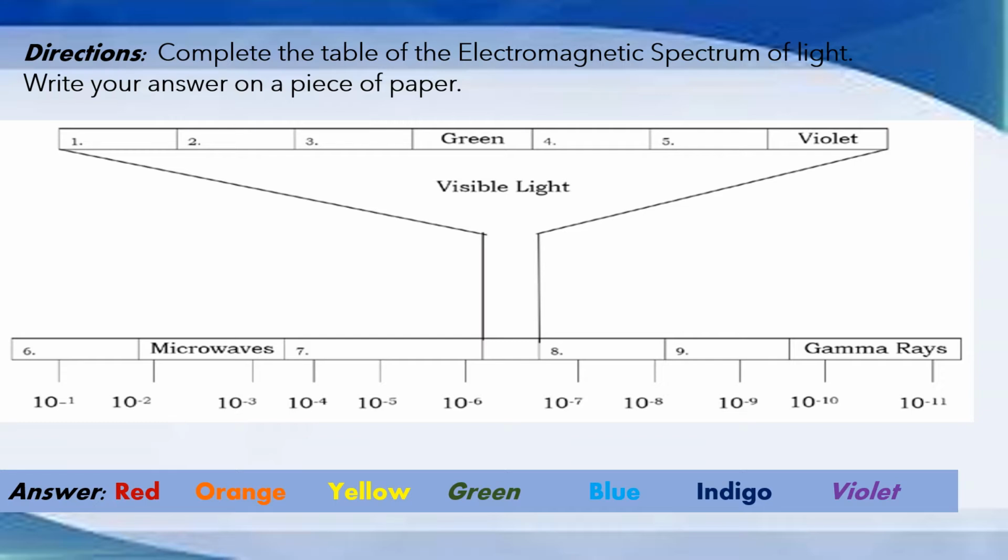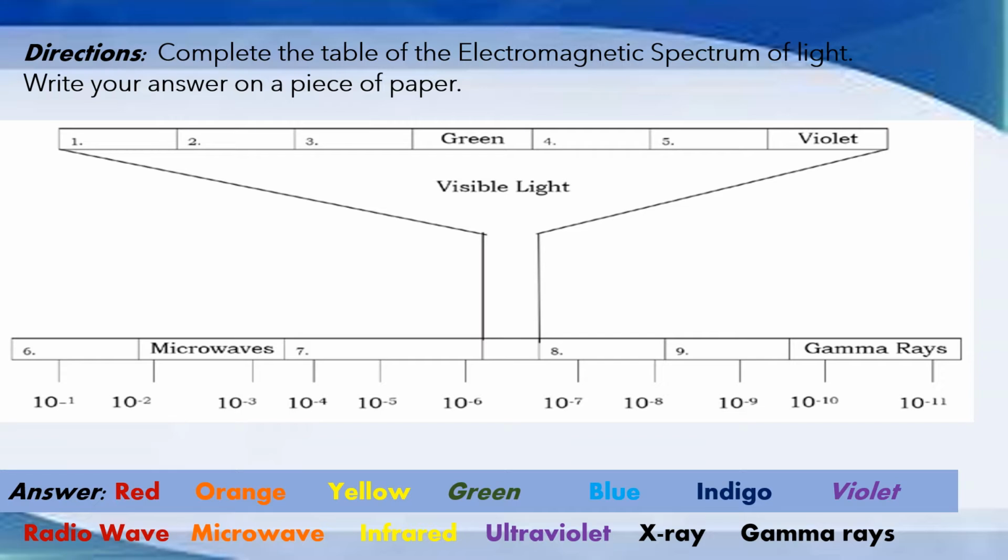And for number six, we have radio wave, microwave, then the infrared, ultraviolet, X-ray, and the gamma rays, of course. Okay, let me check who got a perfect 9. Okay, so that is good.